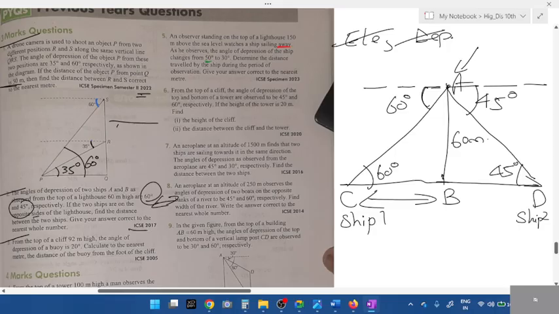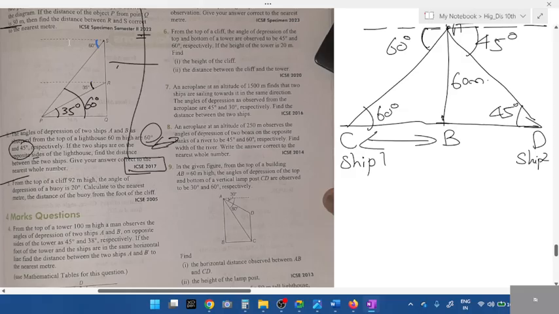Observe the year, students. Which year have they given? 2017. For how many marks? 3 marks, right? And for a similar question, what did they do? In 2014, for how many marks did they give? 4 marks. So in 2014, they repeated in 2017.